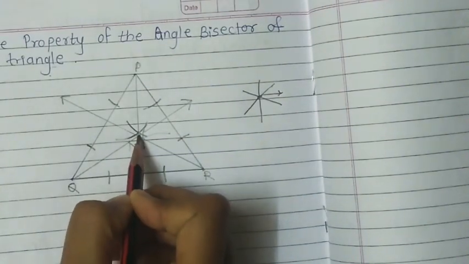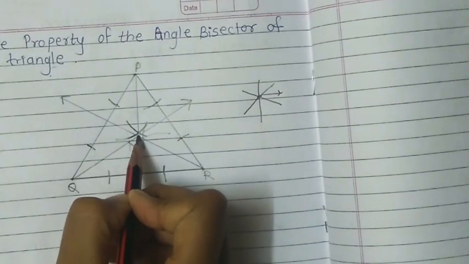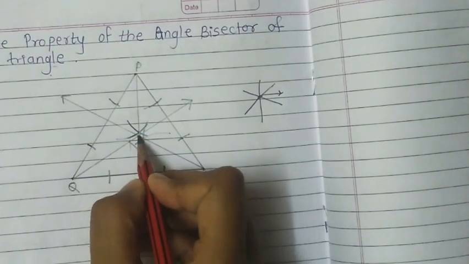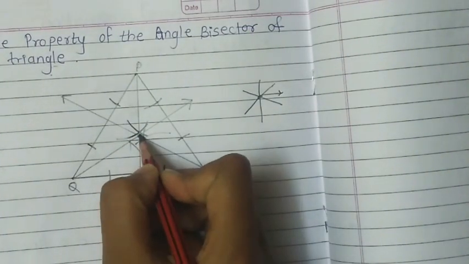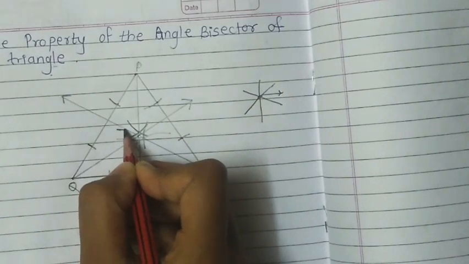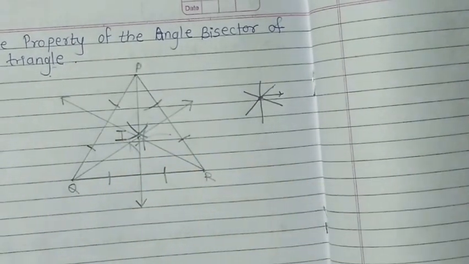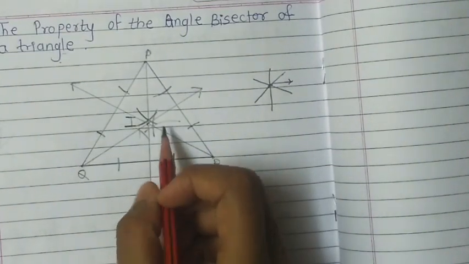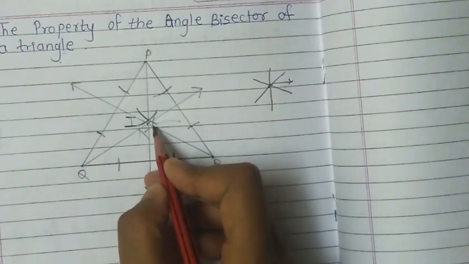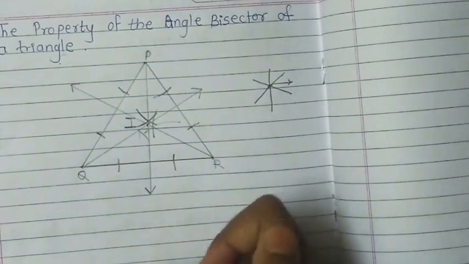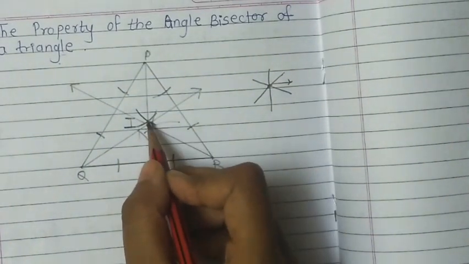Concurrent lines. And the point which we get here, that is what? Point of concurrence. Okay, understood? This point of concurrence will be denoted by the capital letter I. Now tell me children, where is the point of concurrence? Inside the triangle or outside the triangle? Yes, it is inside the triangle.